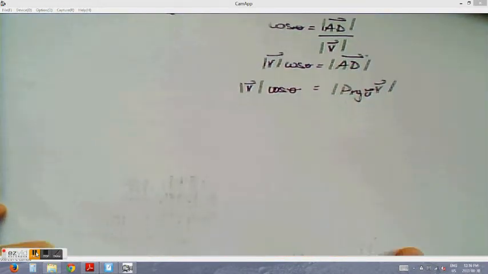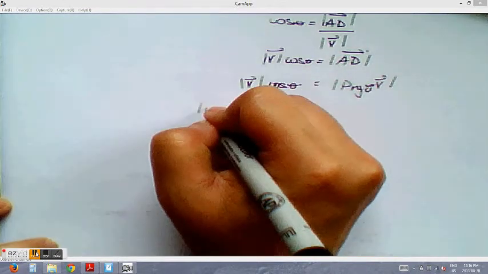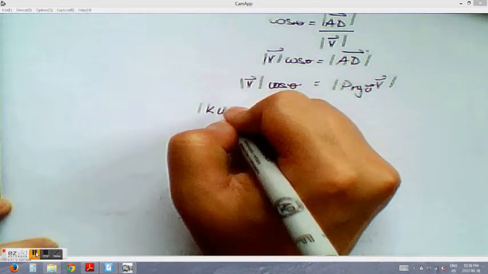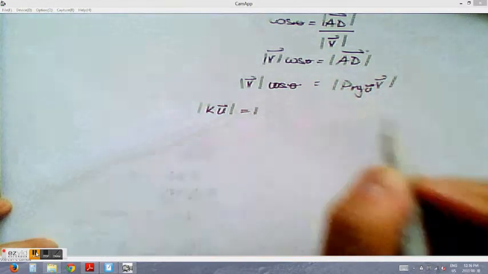Okay, so we can take U, and we know that there is some value K times U, which is equal to 1.